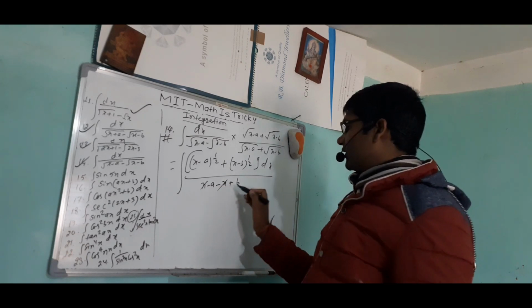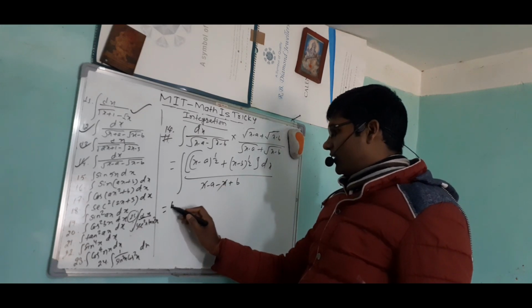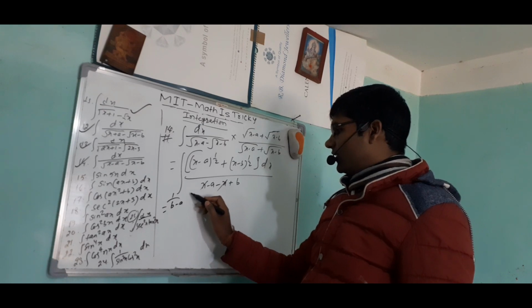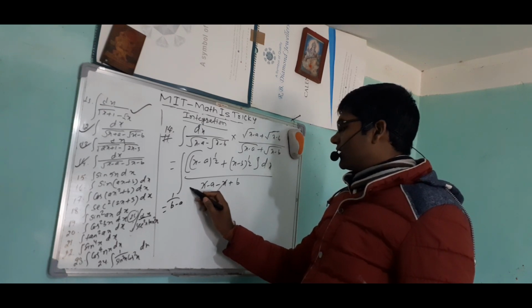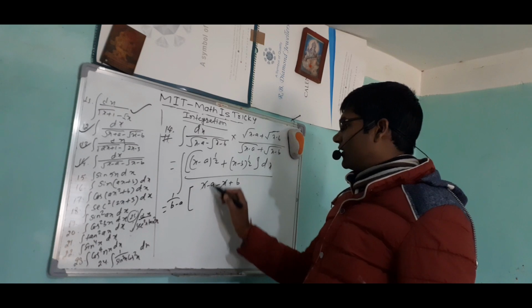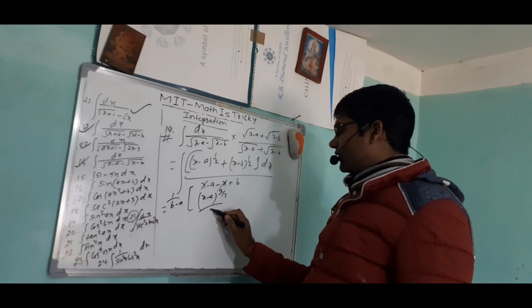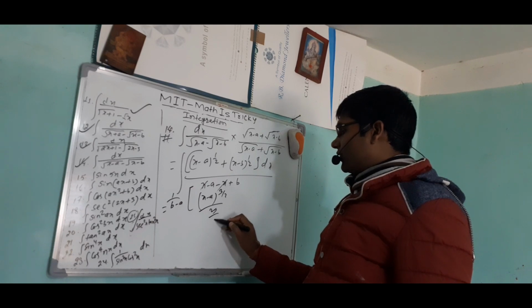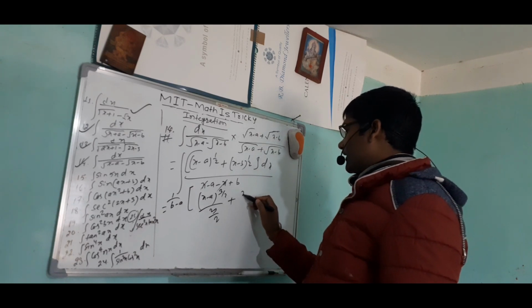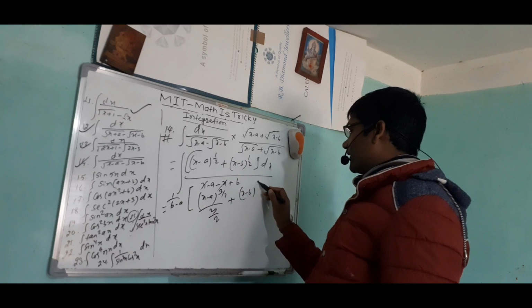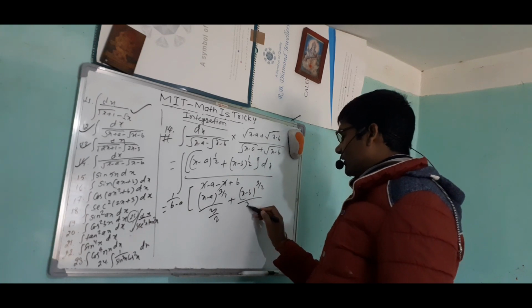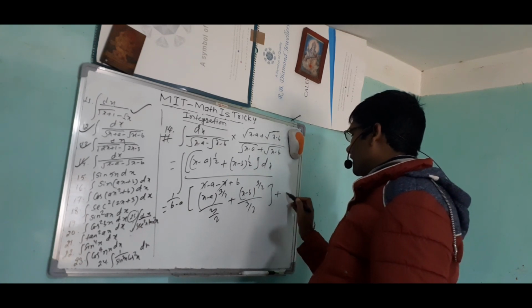So x and x cancel, so we are getting b minus a. So 1 by b minus a, and then integration for this will be simply x minus a whole power 3 by 2 by 3 by 2 plus x minus b power 3 by 2 by 3 by 2 and outside c.